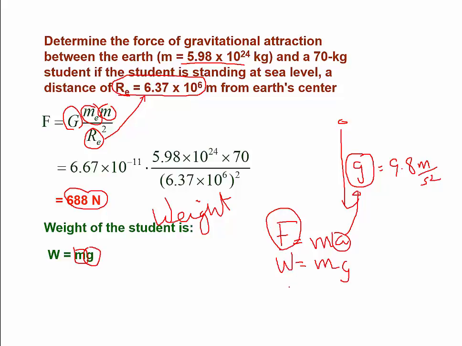So weight of the object is the force due to the gravitational pull of the Earth. If you do that, you get 70 times 9.8, 686 Newton. Not exactly the same as 688. The difference came because the value of g, 9.8, is an approximate value. All right.